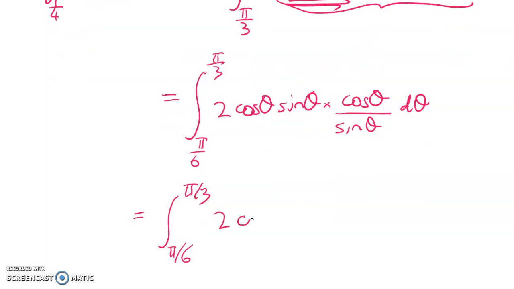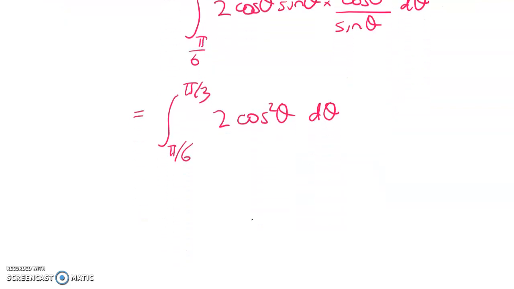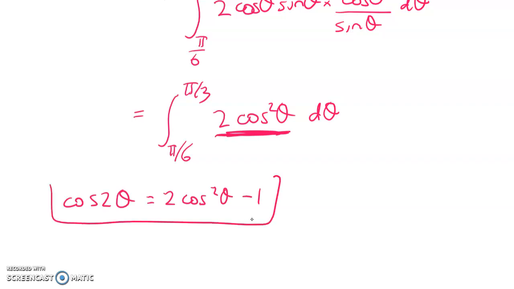We're going to have just 2 cos squared theta d theta. And we should recognise that that's going to be best dealt with a double angle formula. So cos of 2 theta is equal to 2 cos squared theta minus 1. That's the one that we want, and we want exactly the 2 cos squared theta. So we're going to replace 2 cos squared theta as follows.